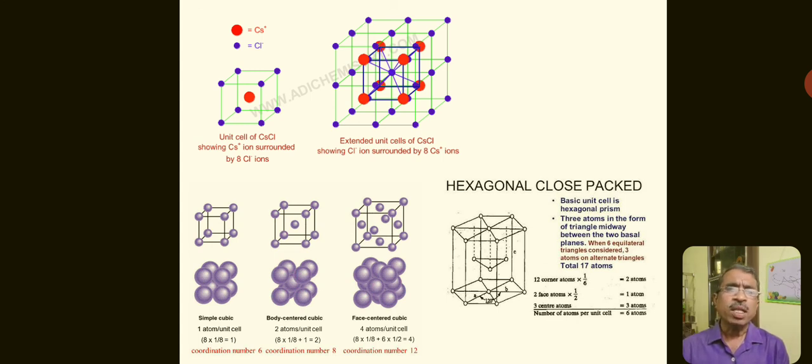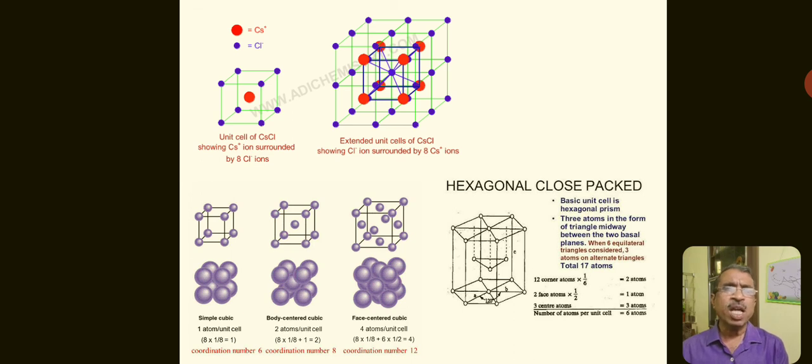Coming to the face-centered cubic lattice. In case of face-centered cubic lattice, as usual, 8 atoms are at the corners of the cube. Therefore 8 into 1 by 8 is equal to 1. Now in face-centered, at the center of each face we have an atom.